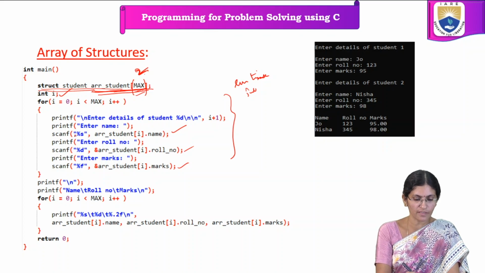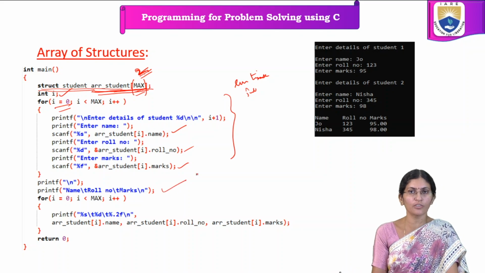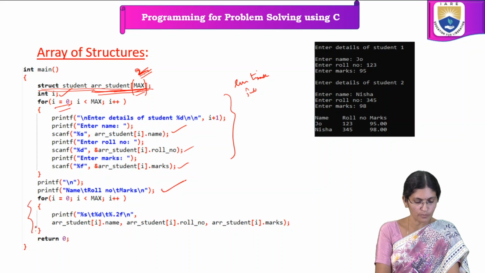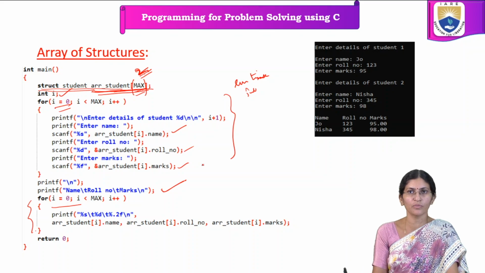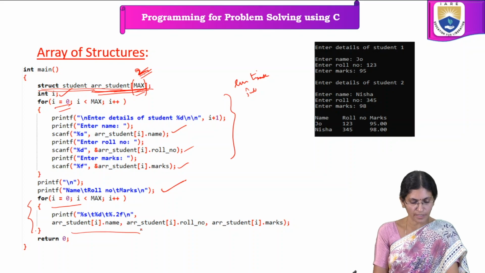Since there are two elements of this array, and the array's index starts from 0, this loop will run 2 times. The user has to enter all this information. Next, in order to display the values entered by the user, this for loop can be used. It simply prints whatever information the user has entered, and those values will be displayed on the screen.